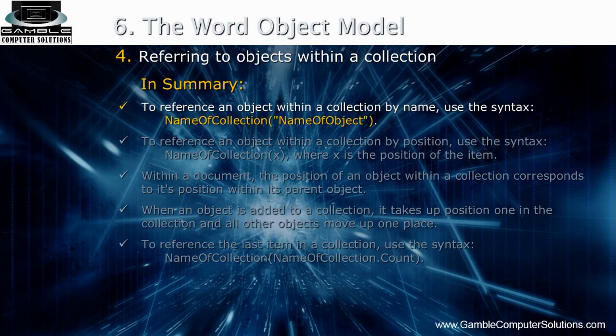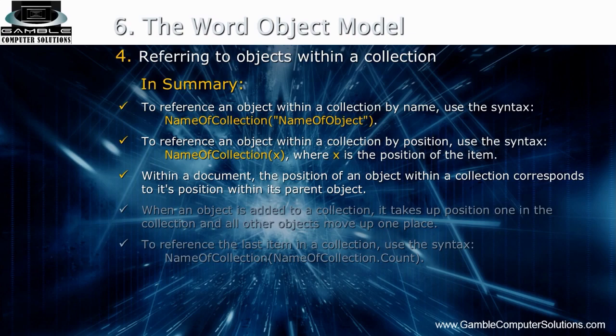To reference an object within a collection by name, use the syntax name of collection and in parentheses name of object. To reference an object within a collection by position, use the syntax name of collection and in parentheses X, where X is the position of the item.